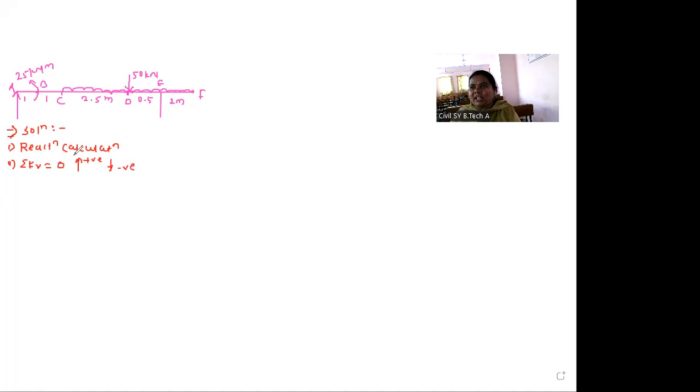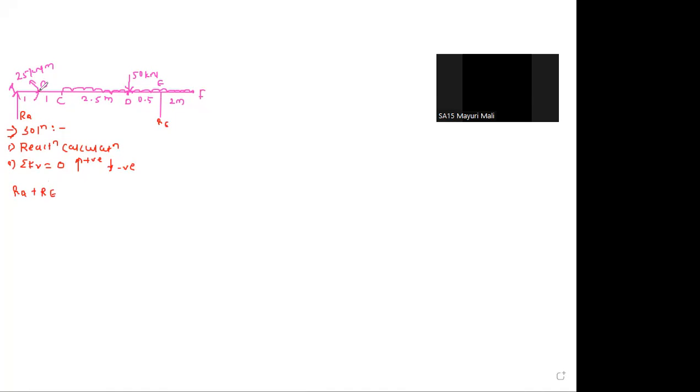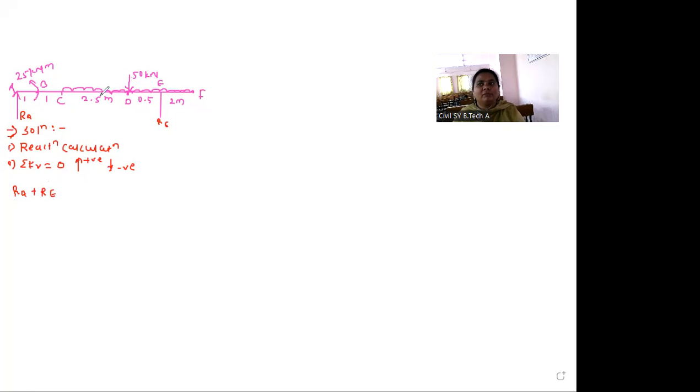According to this sign convention, one reaction is present at point A, we will call it RA, and one reaction is present at point E, we will call it RE. So RA and RE go upward, so RA plus RE. After that, do we consider this 25 kilonewton meter in vertical forces or not? Not, because this is the moment couple, and we are dealing only with vertical forces.